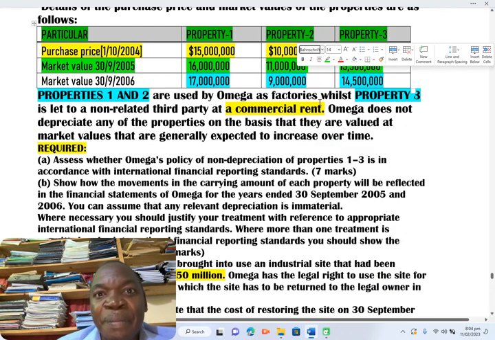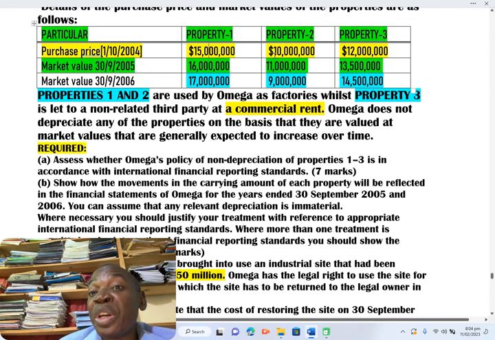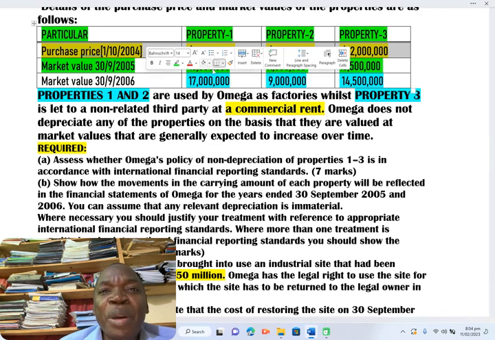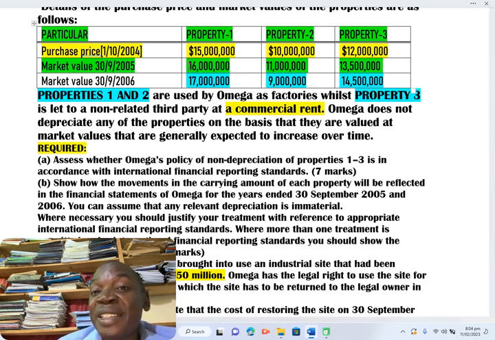Now what is given there? Property 1 imenunuliwa kwa milioni ngapi? 15. Property 2 milioni 10. Property 3 milioni 12. Siku inanunuliwa. Sawa? Baada ya mwaka mmoja, property 1 bei ya soko imefanyaje? Imebadilika kutoka dola milioni 15 kwenda ngapi? 16.